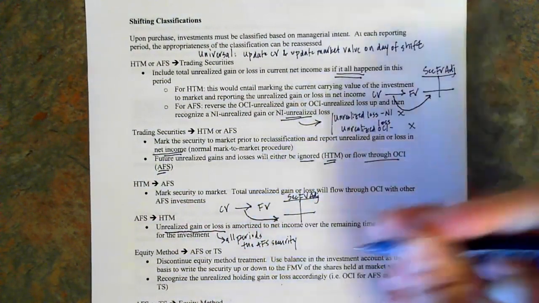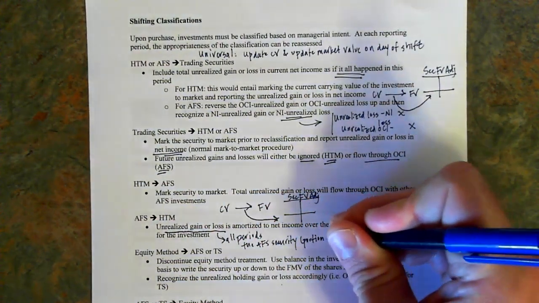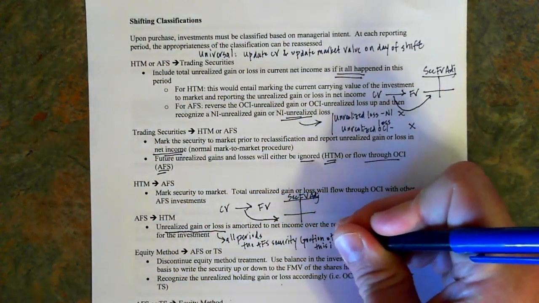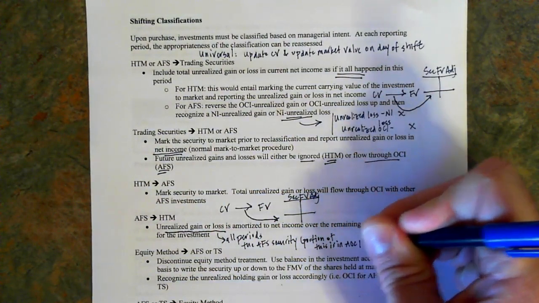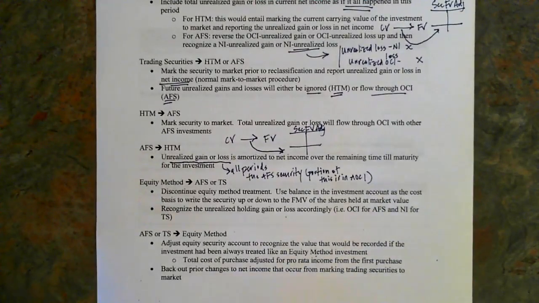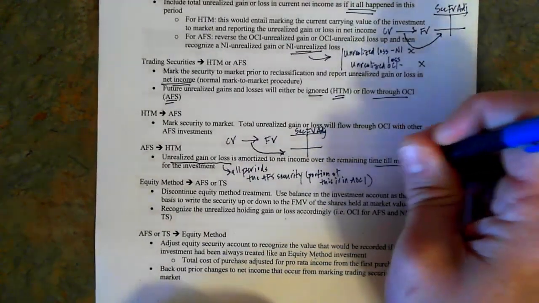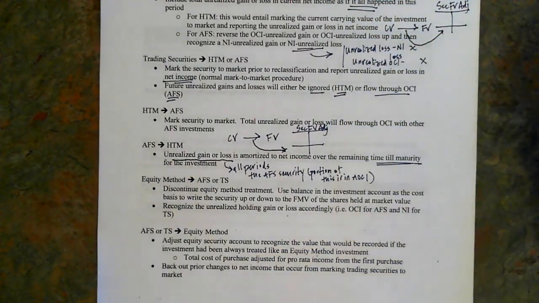And so remember that means that there is a portion, everything prior to the current period, that we're going to slowly amortize to net income over the time until the security matures. So say there's 5 years left, then we break up that total unrealized gain or loss and recognize it over 5 years, putting it into net income over those 5 years.